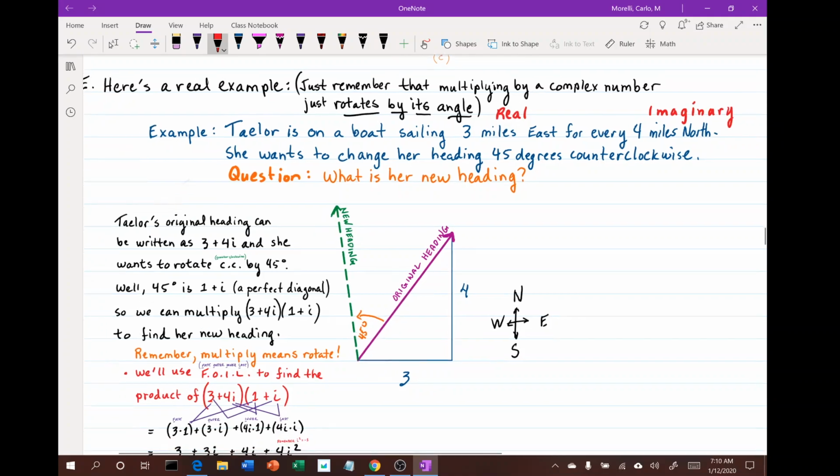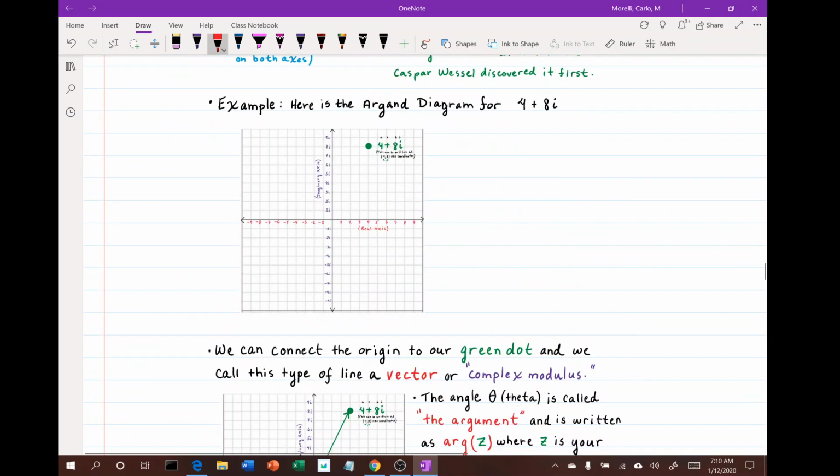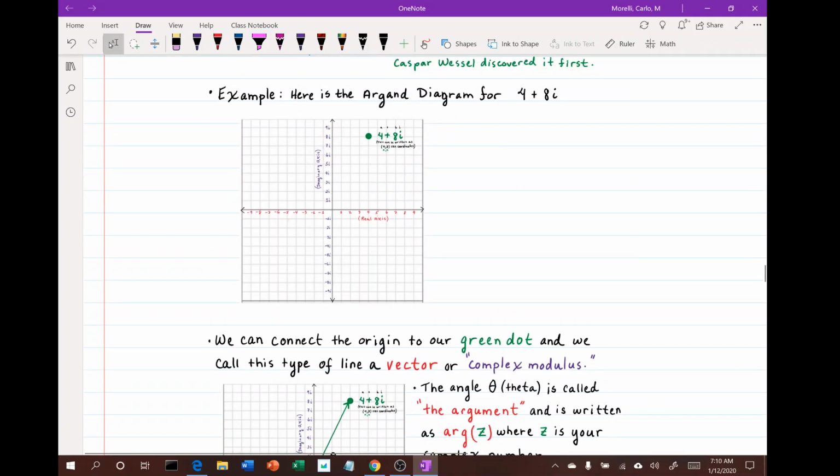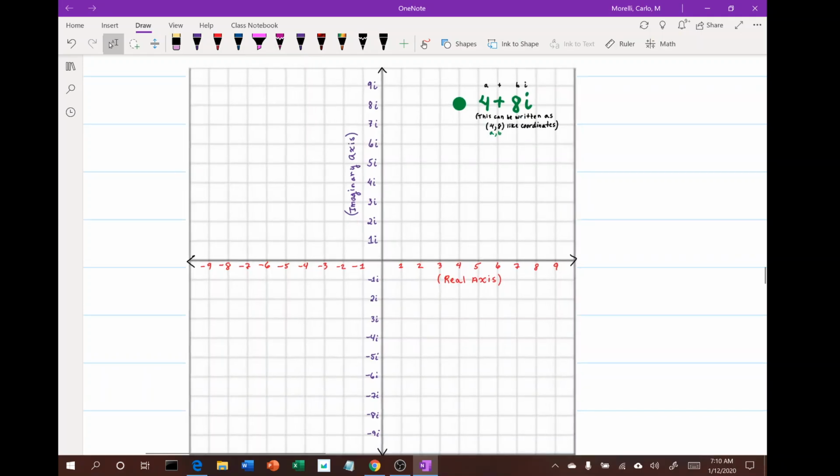So down here on the complex plane, here's what Taylor's doing right now. She's going 3 miles east for every 4 miles north, right? That's what she's doing. So her current situation is 3 plus 4i.